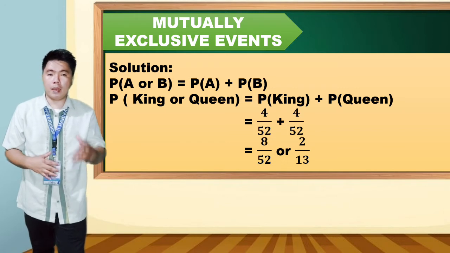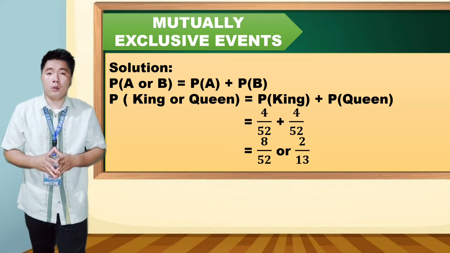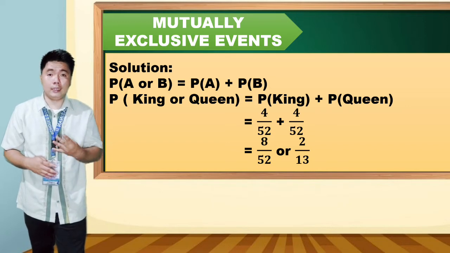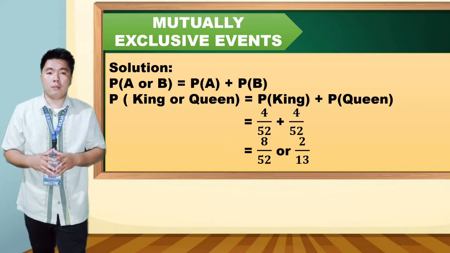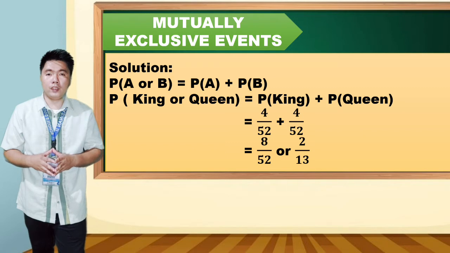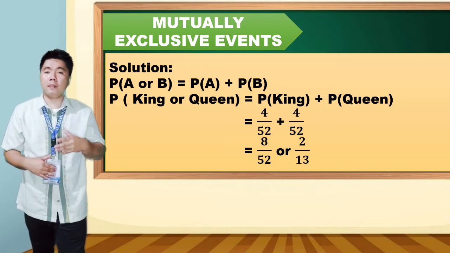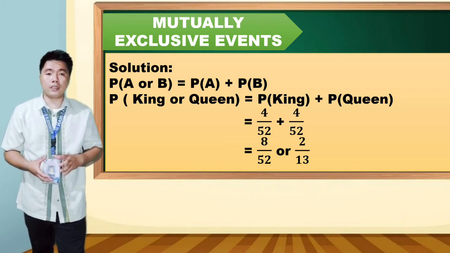In a standard deck of cards, we have 4 kings, so the probability of drawing a king is 4 out of 52. The probability of drawing a queen is also 4 out of 52. We just need to add those two fractions.